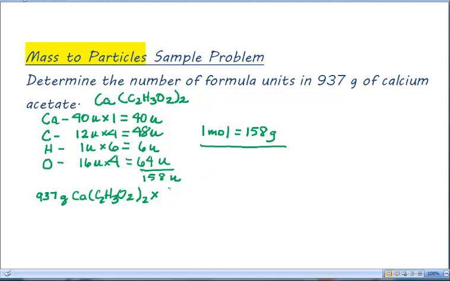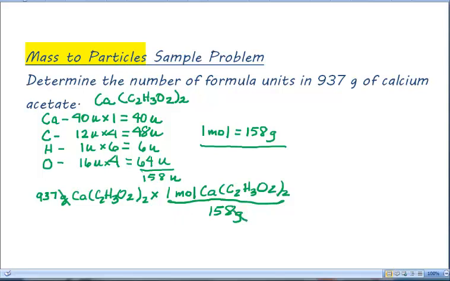So what I want to do is put 1 mole of calcium acetate over 158 grams. And once I do that, pause long enough to look. Can you see that grams are going to cancel out? Sure you can. Grams cancel out there and there.